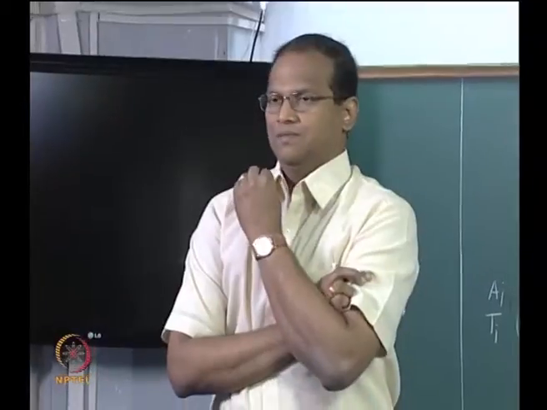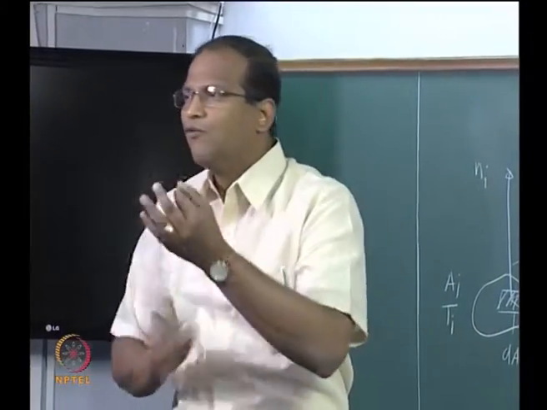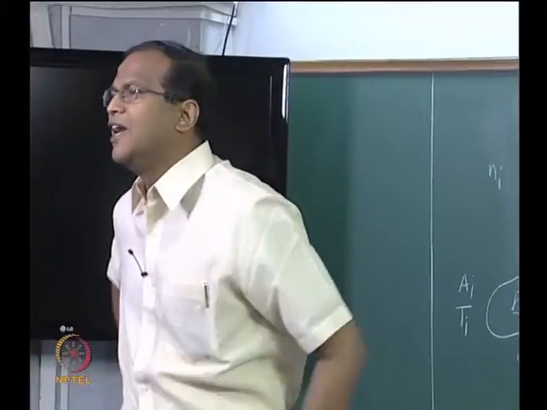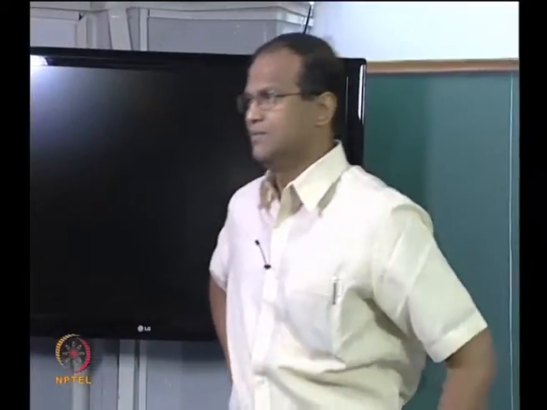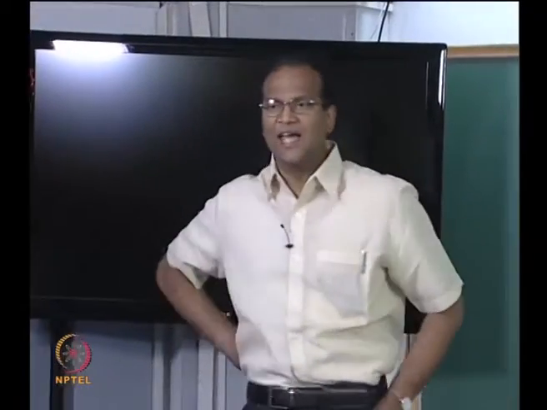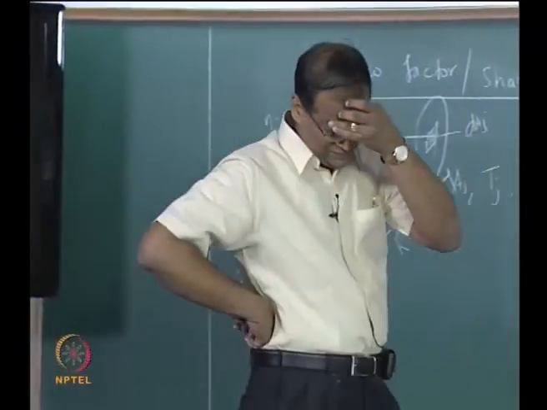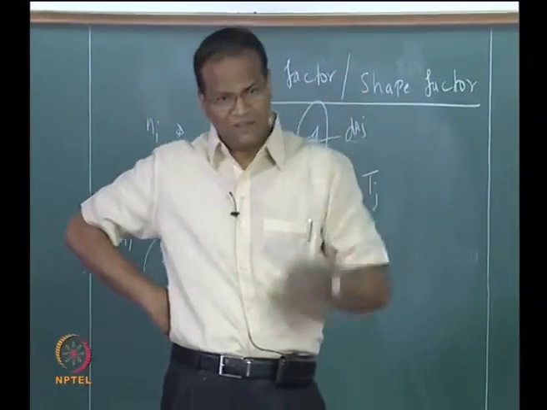We can take down this definition: the view factor Fij between two finite areas Ai and Aj, denoted by Fij.